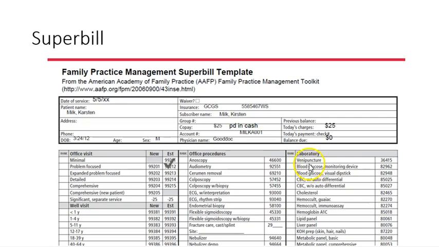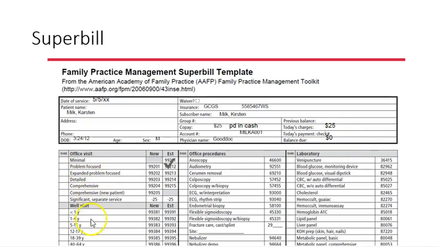Now, starting with this super bill, you would see the date of service up here, the name of the patient, the patient's date of birth, gender, insurance, subscriber name, copay, whether or not it was paid, the account number, the physician, and the charges for today and any other previous balance if there was one.